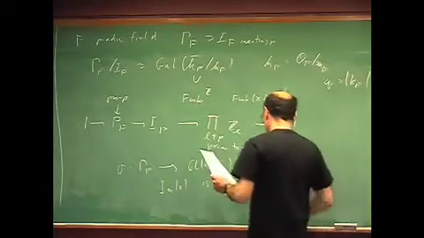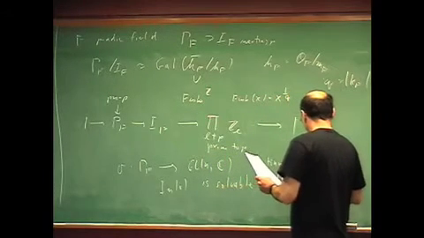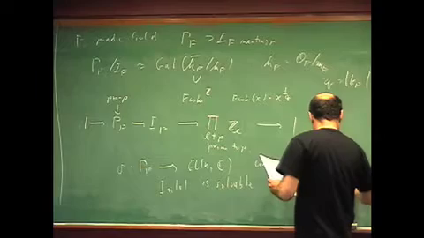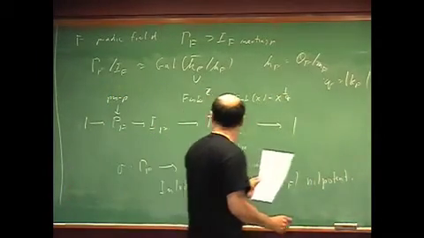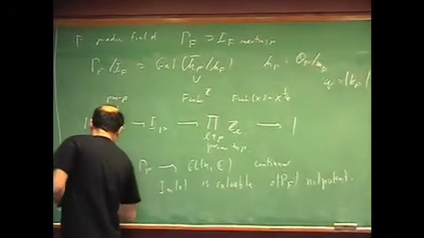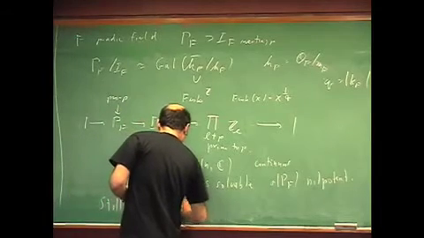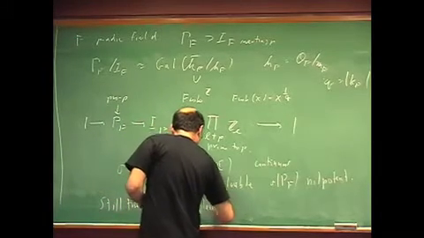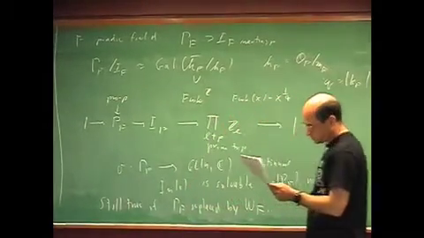Fact: and sigma of wild ramification is nilpotent. And this is still true if gamma F is replaced by the Weil group of F.